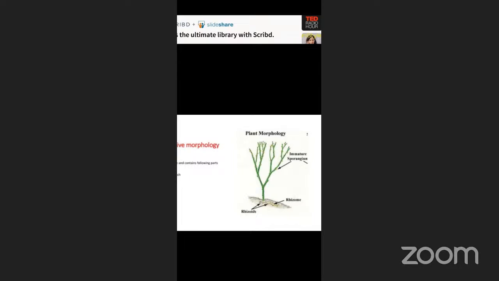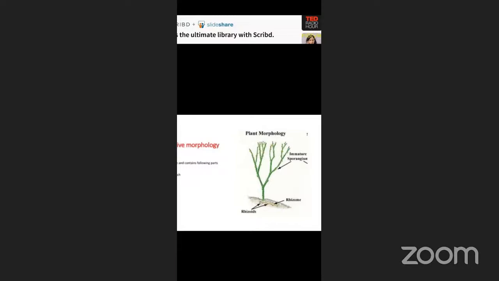Coming to the internal structure of the rhizome, a large rhizome possesses a diameter of about 1 millimeter, which is differentiated into cortex and stele.